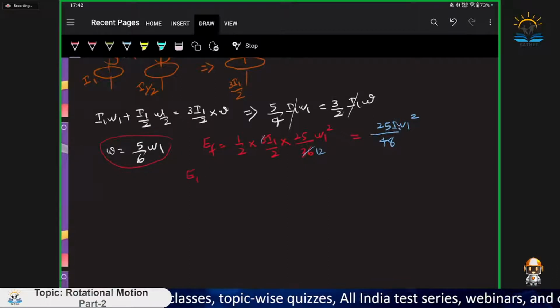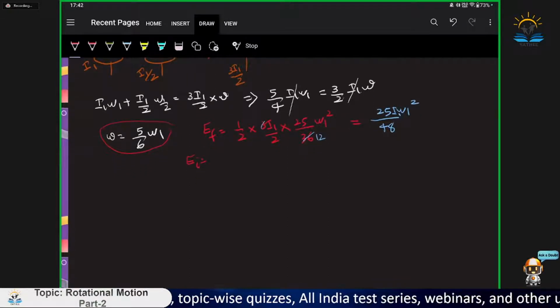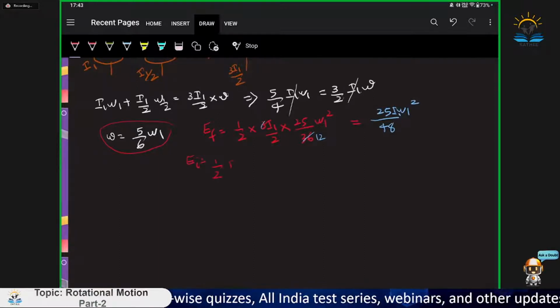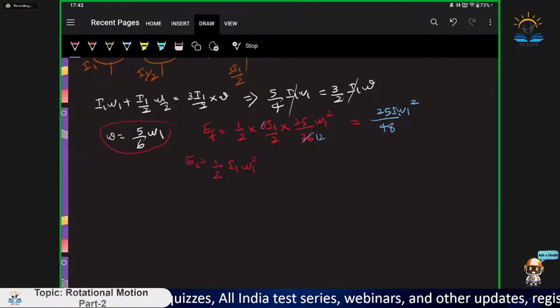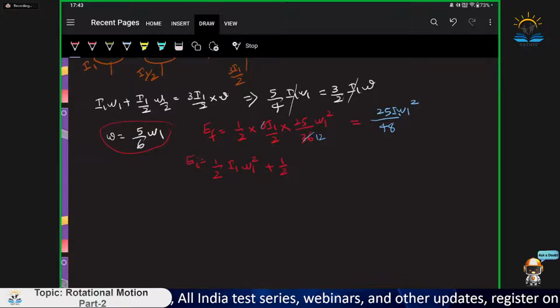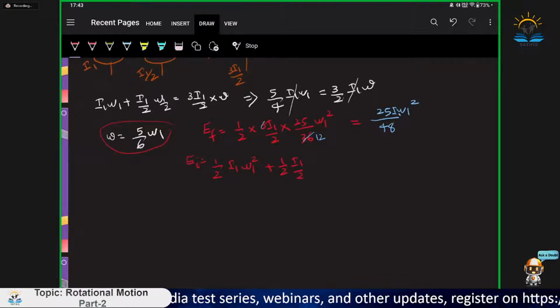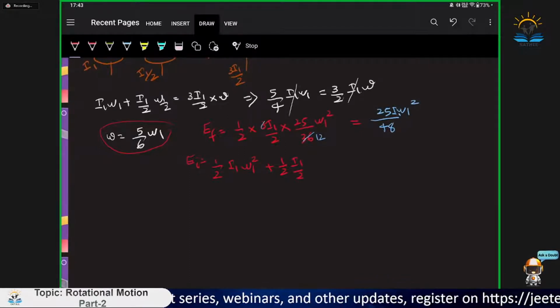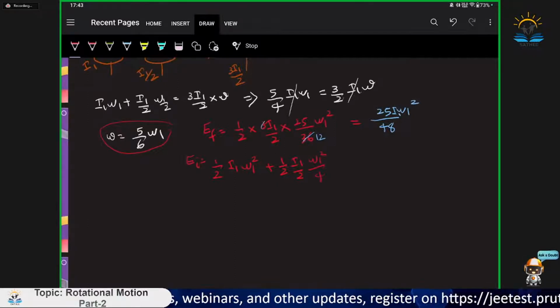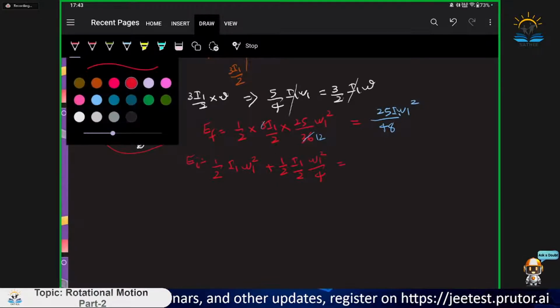Initial kinetic energy will be the kinetic energy of both disks: half into I1 omega 1 square plus half into I1 by 2 into omega 2 square. Omega 2 is omega 1 by 2, so omega 1 square divided by 4.